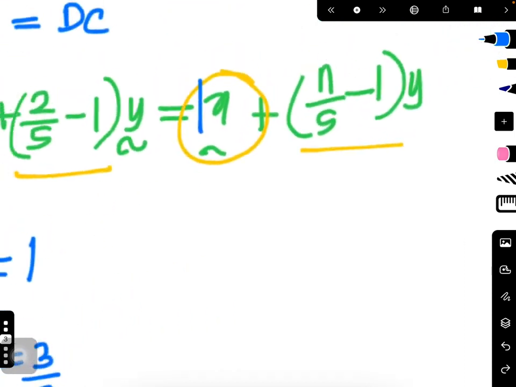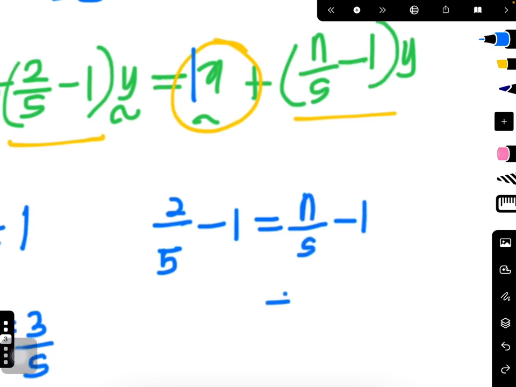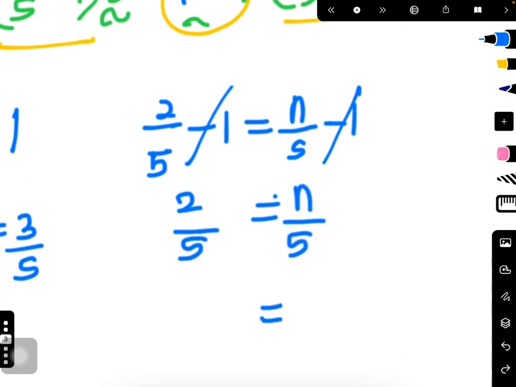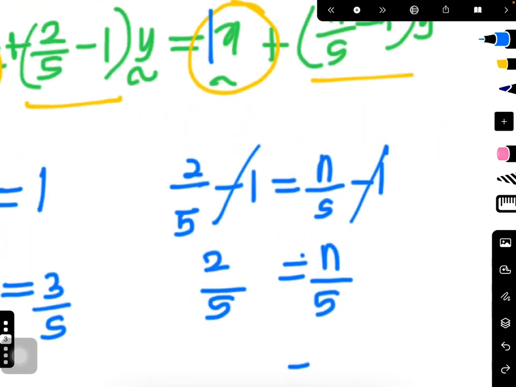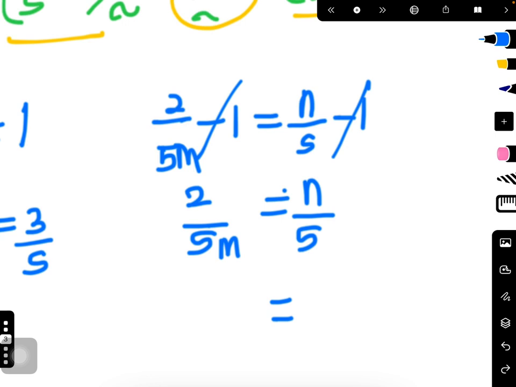What about y? We can equate that again. 2 over 5 minus 1 equals n over 5 minus 1. Minus 1 minus 1 is the same, so 2 over 5 n over m. Oh, sorry, I left m here. We have the value of m, so we can just substitute the value of m.